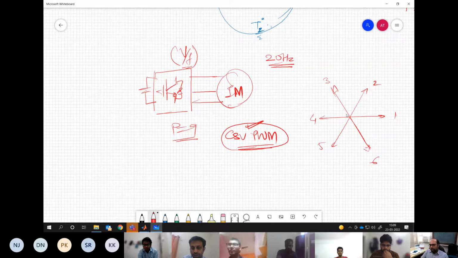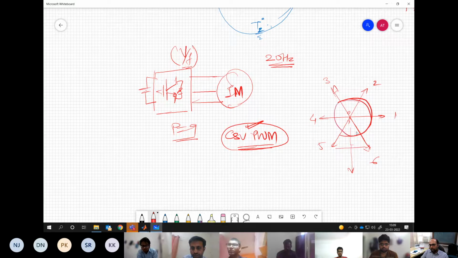But based on what? Based on the location of the voltage vector, which means we need to know where the voltage vector is located in this plane, in which sector this voltage vector is revolving or rotating. This is the first information you need.